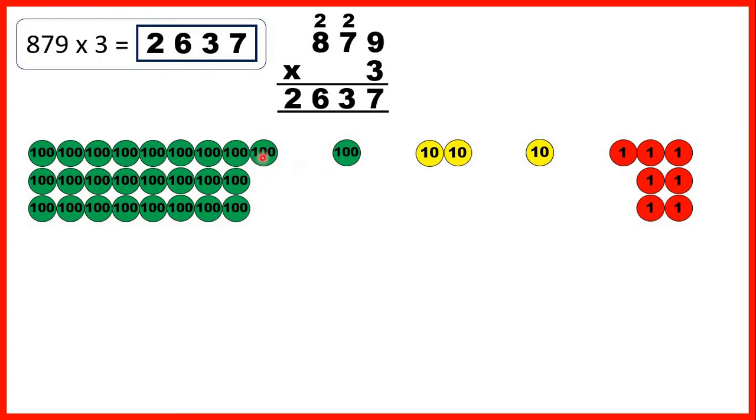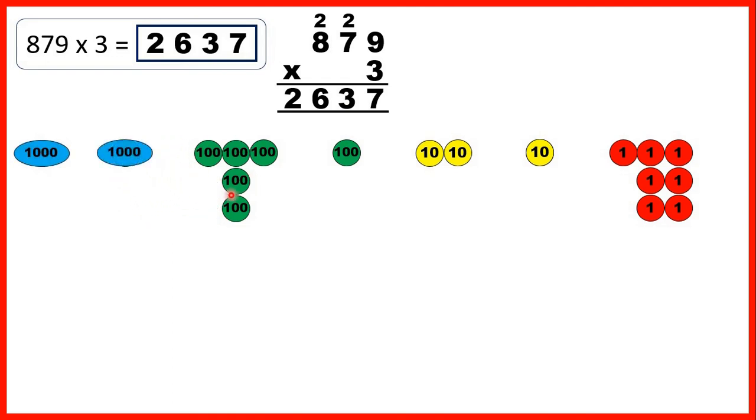So because we've made 2 hundreds, we can write 2 above our hundreds column, and we can write the 3 tens that we have left in our answer. Now we have 26 hundreds, but that's the same as 2 thousands and 6 hundreds, because we can exchange 10 hundred counters for 1,000 counter. So we're left with 2 thousands, 6 hundreds, 3 tens, and 7 ones, so that's what we have in our answer.